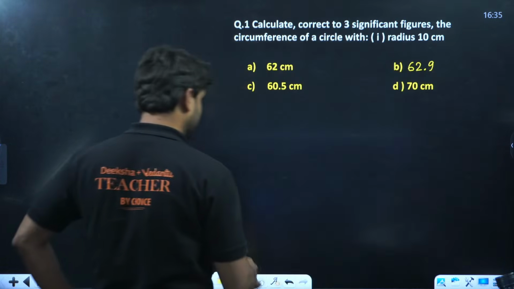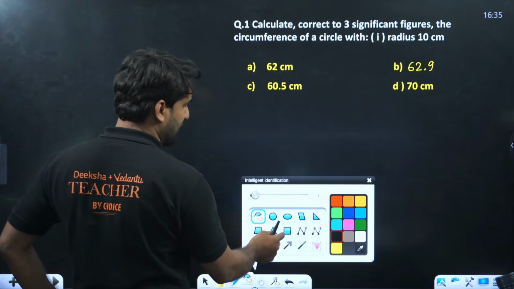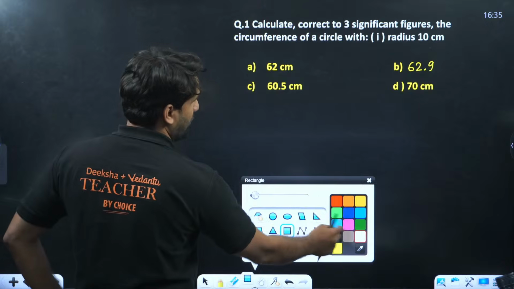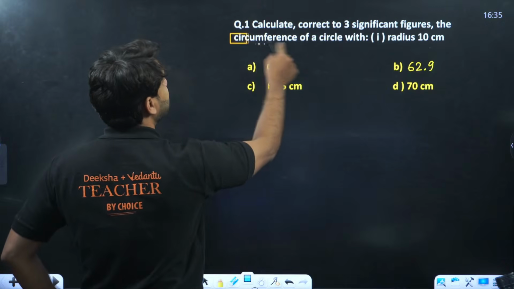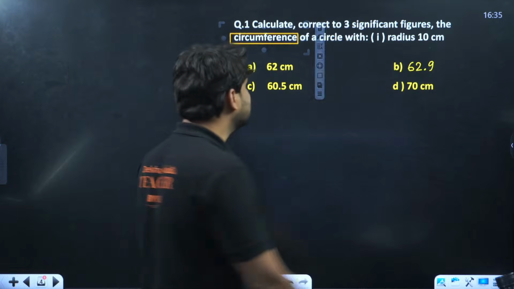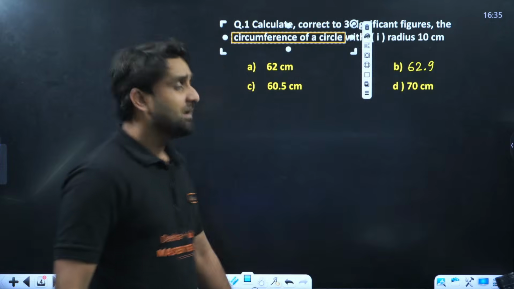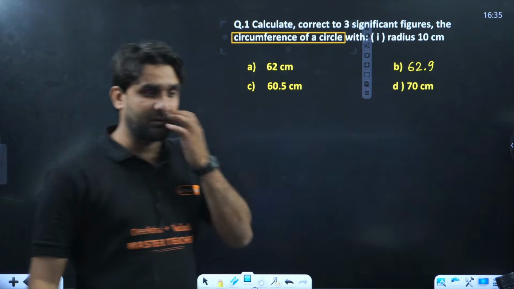My dear champions, in this question we have to calculate the circumference of the circle, and we have the radius given as 10 centimeter.